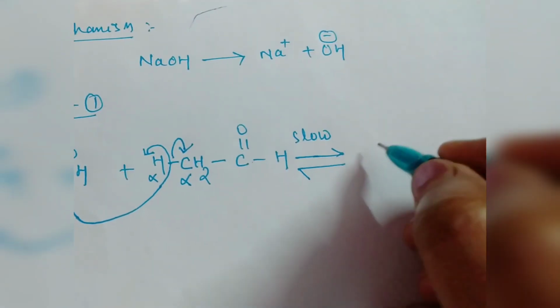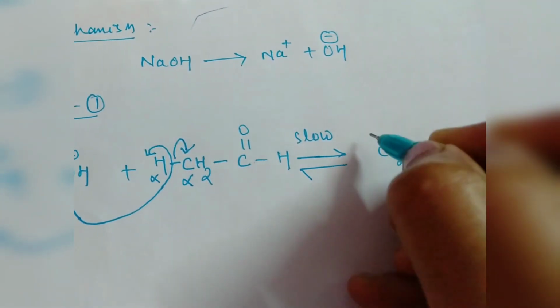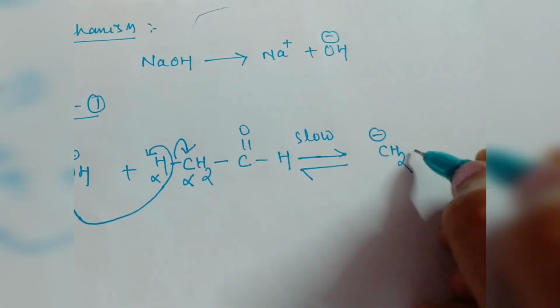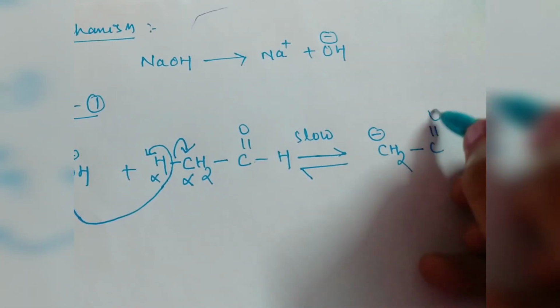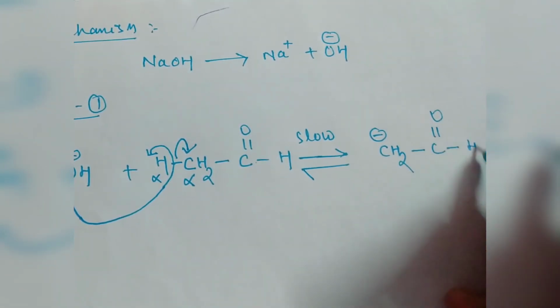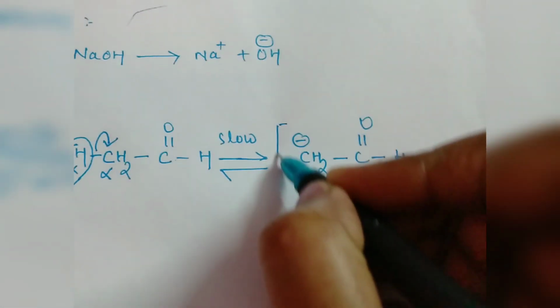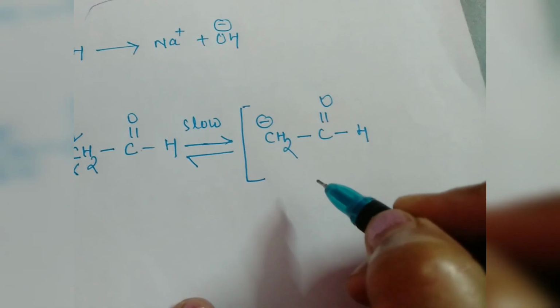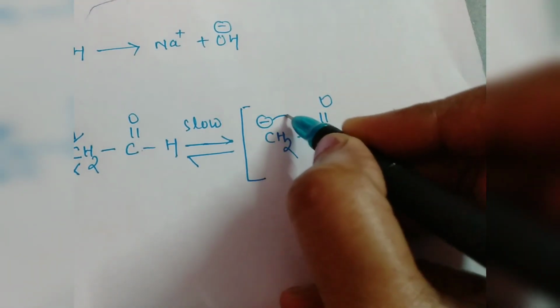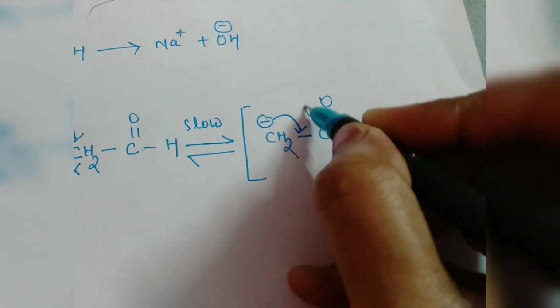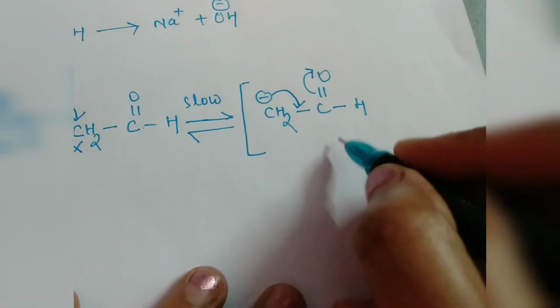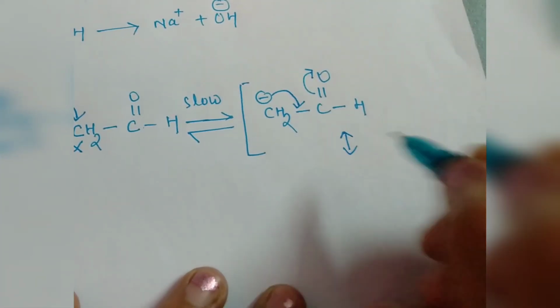Now it forms CH2 minus, C double bond O H. Now there is resonance stabilization here. How does it happen? See here. If this bond goes to this position, and this goes to this position, a resonating structure is possible, right?